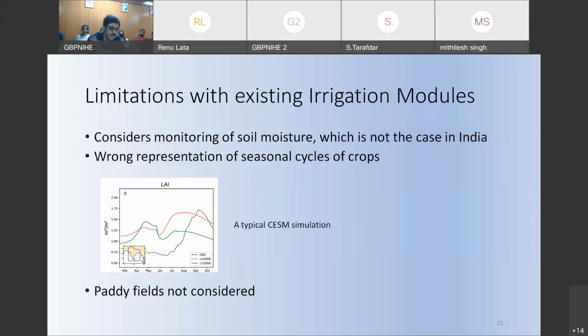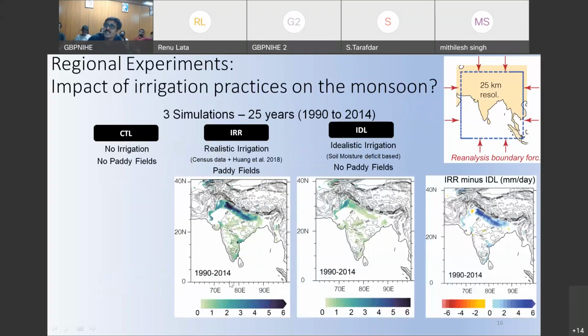Which is a very challenging task though, because you have to understand everything and you have to write your own code and then put it in those models and run it. It's a challenging task, but Anjana somehow wanted to do this, and she did develop that model, and then she did 3 runs. One is the control run, where there is absolutely no irrigation.